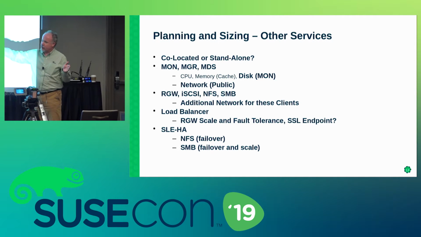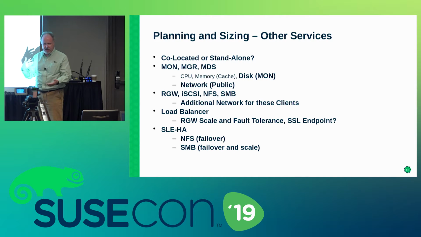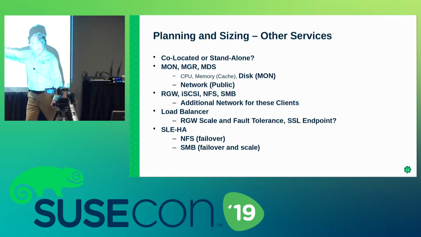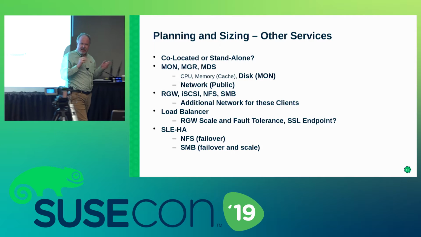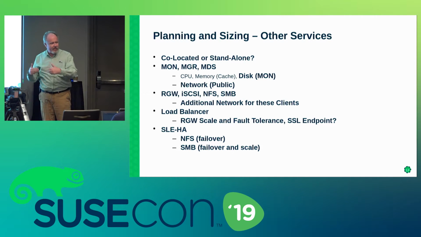From the gateway, it goes to the Ceph cluster. So if that's the same network, you're doubling the traffic on the network, if that's the Ceph public network. So the recommendation here is that these things should be on a separate network, because they're actually clients, and clients shouldn't be on the same network as the Ceph traffic. Does that make sense? Yes.